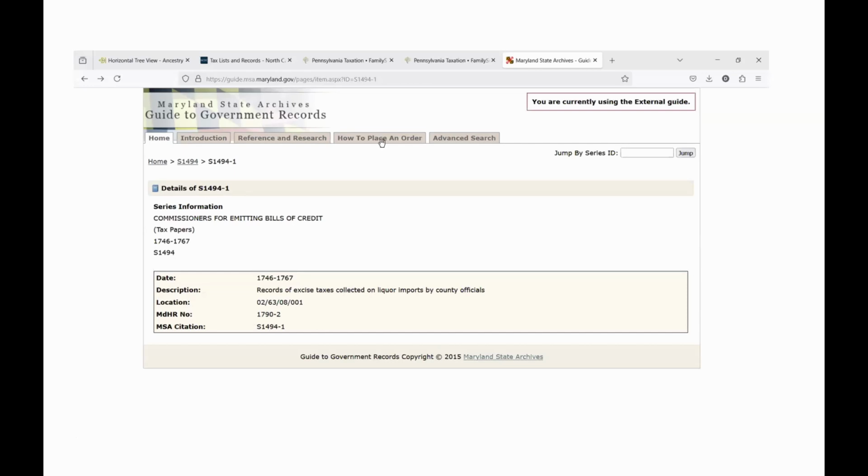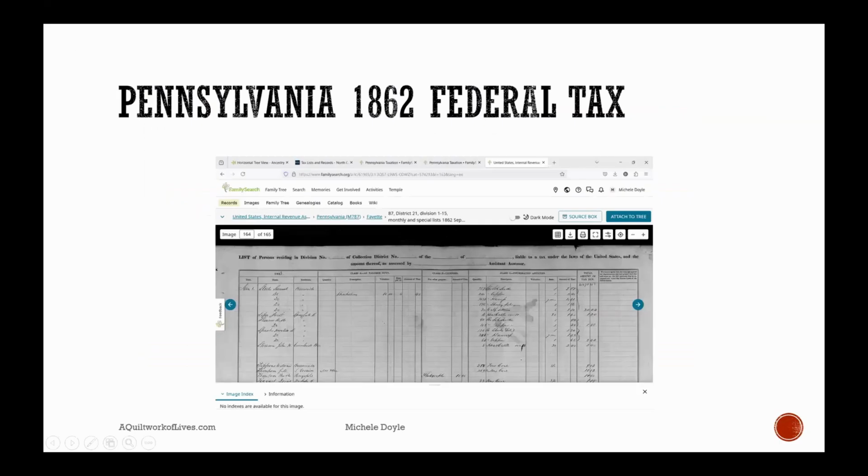I'm going to have to send them a little bit of money and then they will send me the record that I can look at. So don't expect to be able to find all this stuff online all the time. There's a really good chance, especially on very specialized records like excise records, you're going to have to order a record. They're not going to be something that pops up for you.